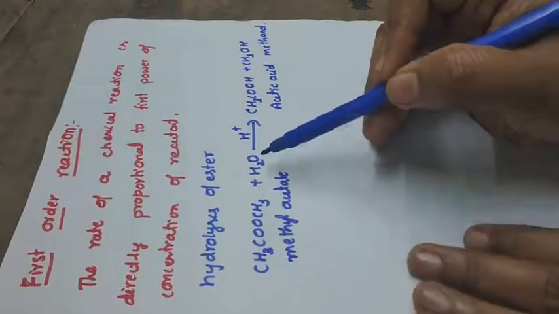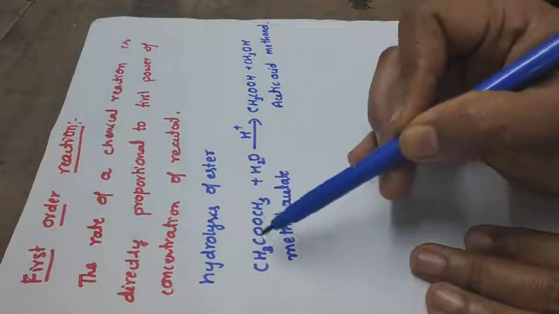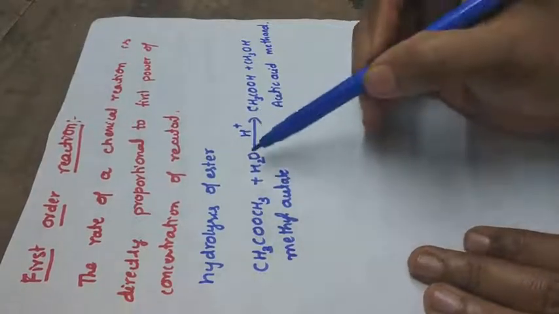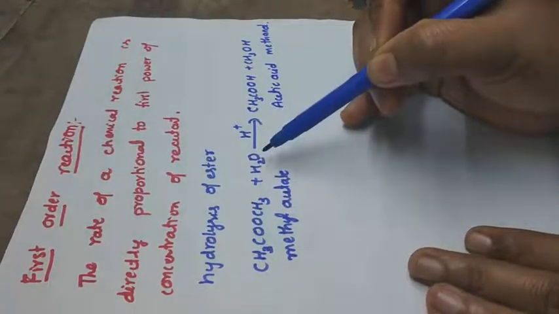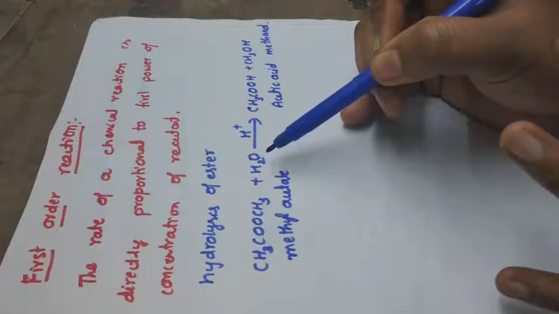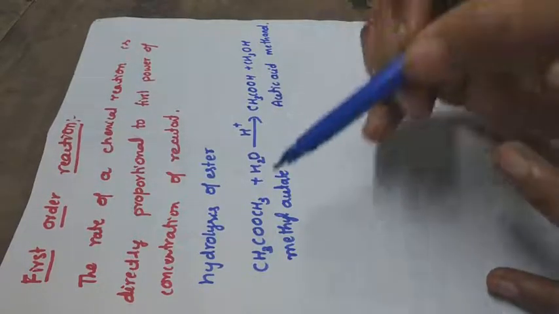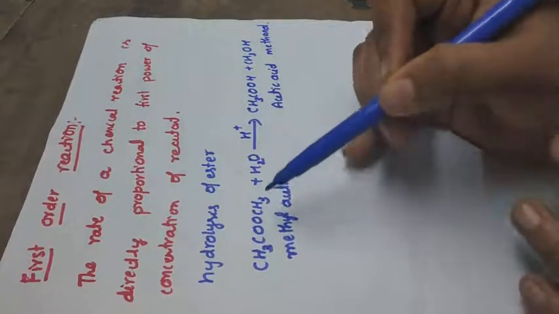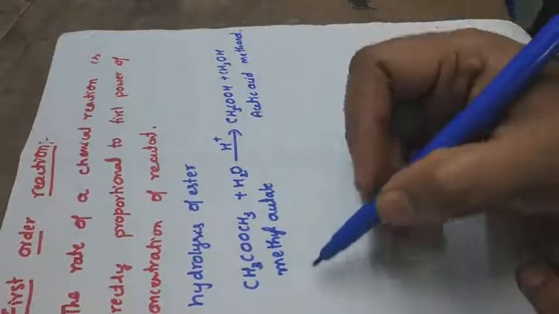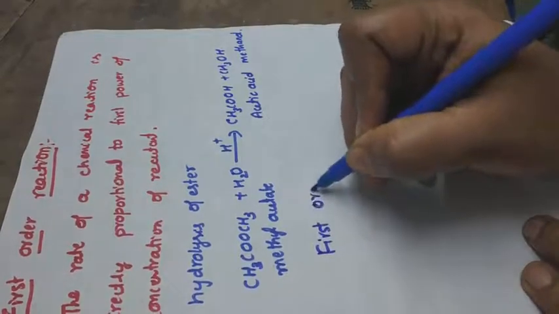Okay, but the rate of reaction depends on the concentration of methyl acetate only, because here water is used in large excess, so the concentration of water remains constant. Therefore the product formed depends on the concentration of methyl acetate. So therefore this reaction is a first order reaction.